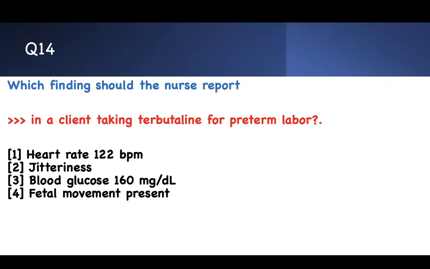Jitteriness is normal, as expected with terbutaline. Blood glucose of 160, the same thing. Fetal movement is good. A heart rate of 122 is okay for terbutaline, but it's too high. It's expected, but it's too high. So that one, we need to intervene.